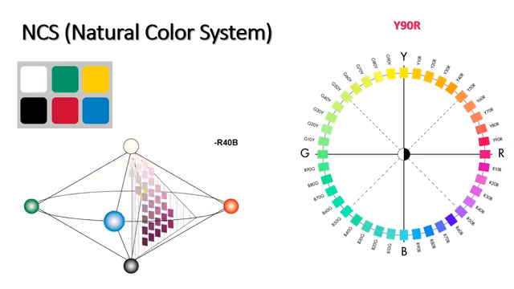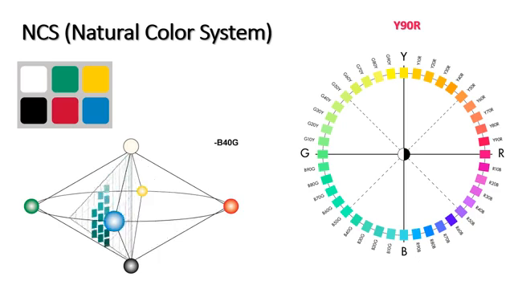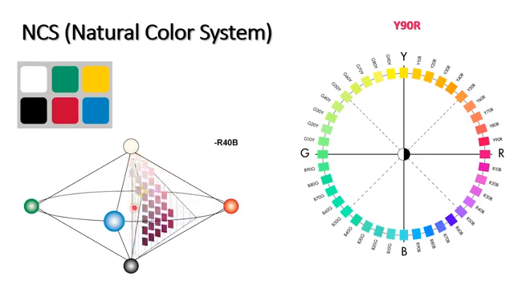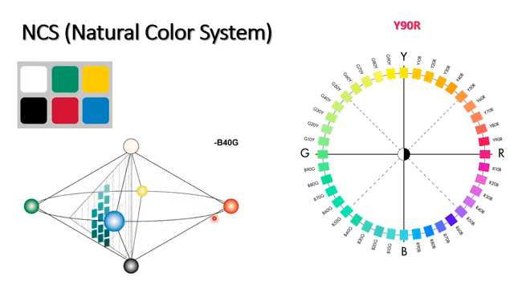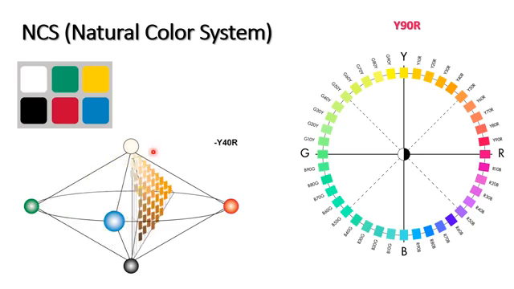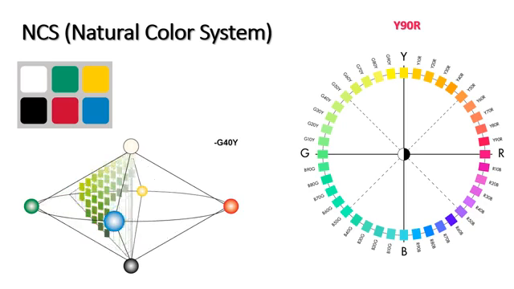Black and white form the endpoints, and a straight line passes through the center of the circle. Together, they form a double cone that completes the color space of the NCS color system.